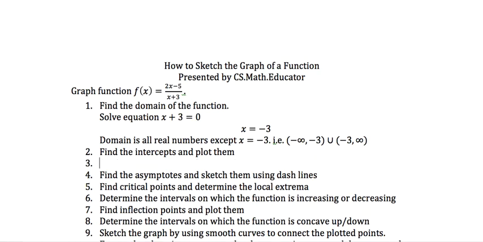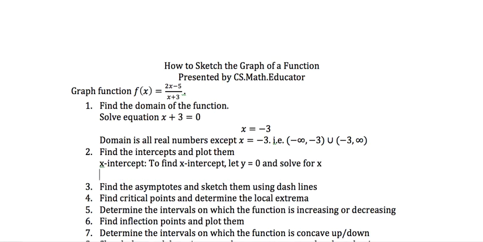Now we need to find the intercepts. There are x-intercepts and y-intercepts. So let's first find the x-intercept. To find the x-intercept, we let y equal 0, then solve for x. So for this problem, we need to solve (2x - 5)/(x + 3) = 0.